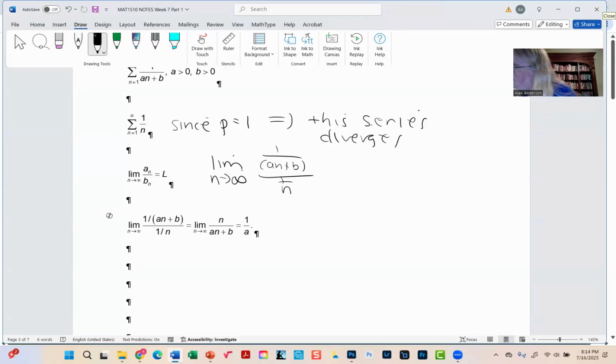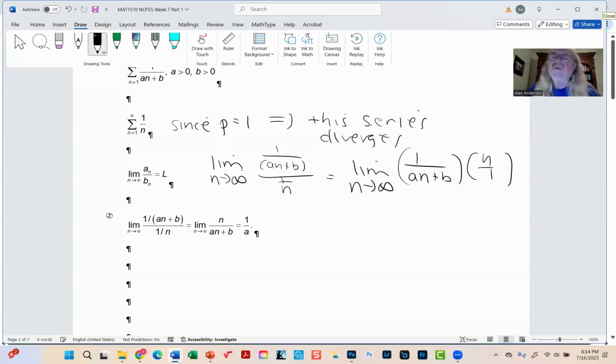So when n goes to infinity, oh, I see what they did. Okay, so they rewrote it. In other words, dividing by 1 over n is the same thing as multiplying by n over 1. So we ultimately end up with this.